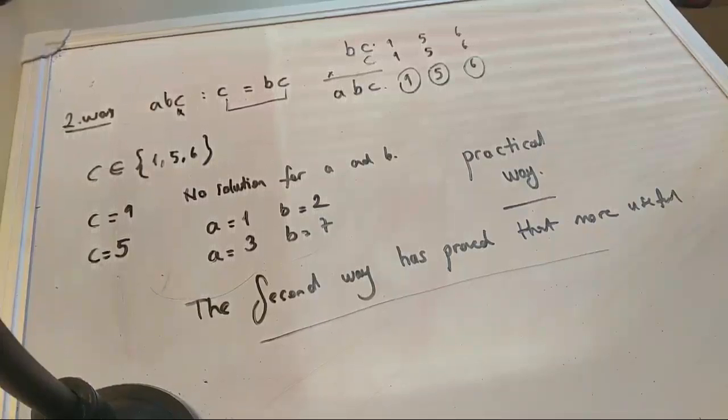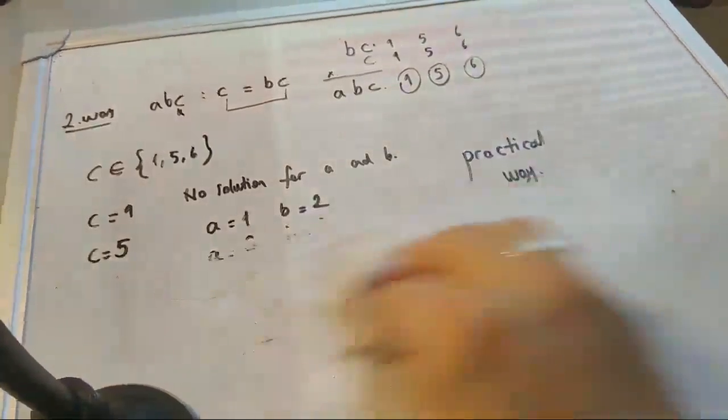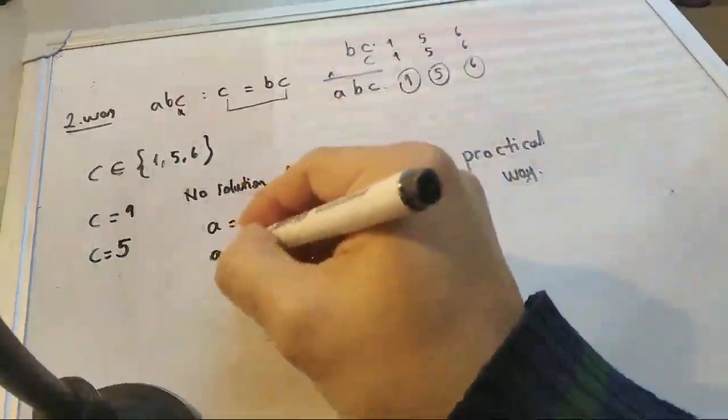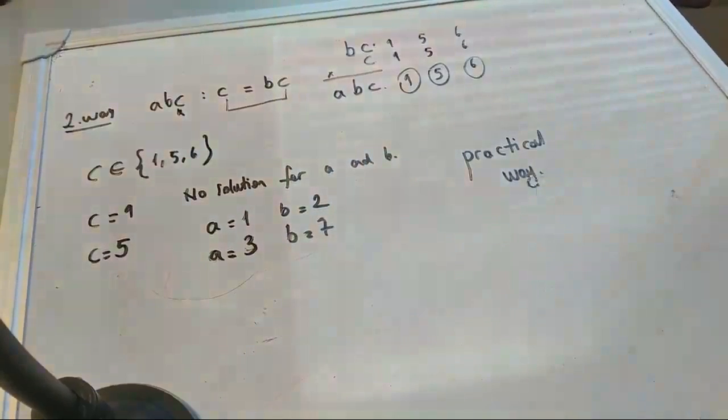So for C is 6, we can get fractions for A and B. For C is 6, I want you to solve it.